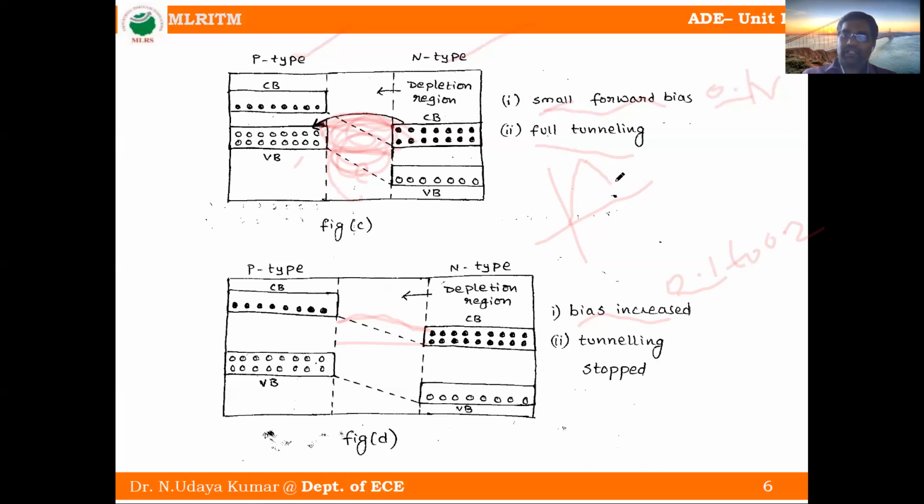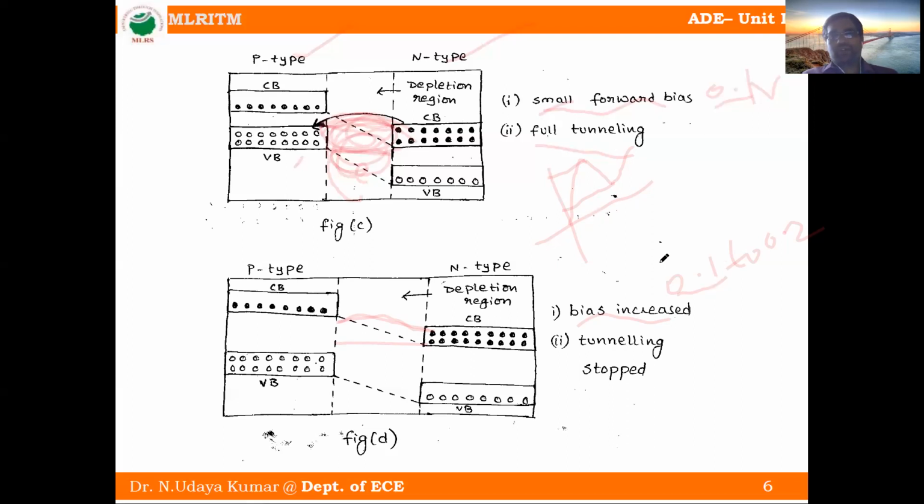What happened? Current increases like a normal diode. This is the peak current. This is the valley current. In between we get the negative resistance region. Okay, so this is the characteristics of the tunnel diode.